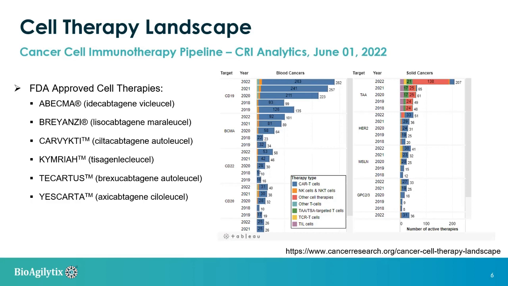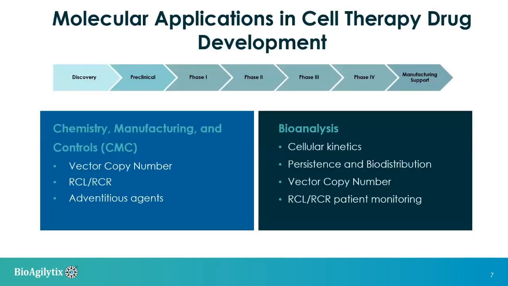And while there are several under development currently, pharma and biotech companies are trying to overcome some of the challenges that they face in this space, but it is showing some good promise.